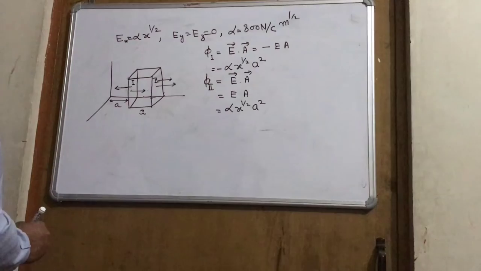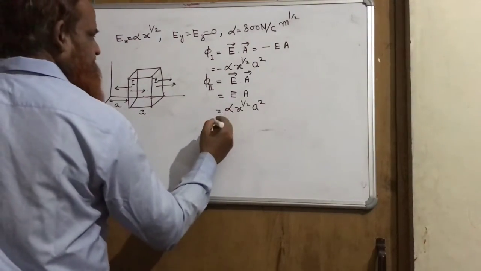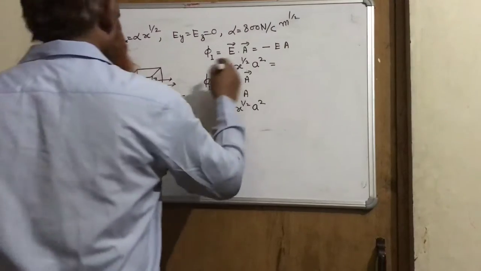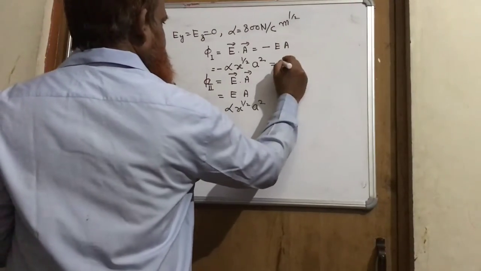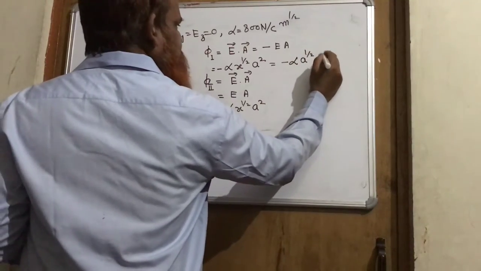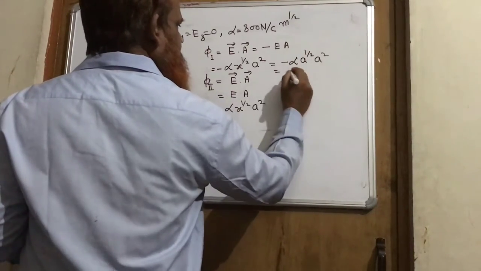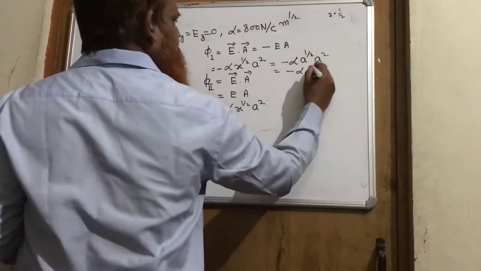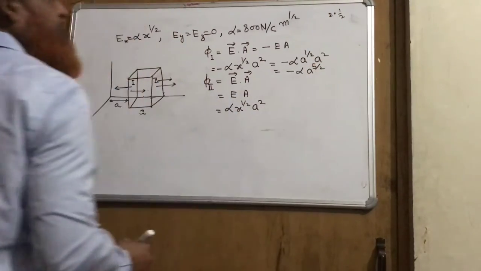For the first surface x is only a, so phi 1 equals minus alpha a to the power 5 by 2.